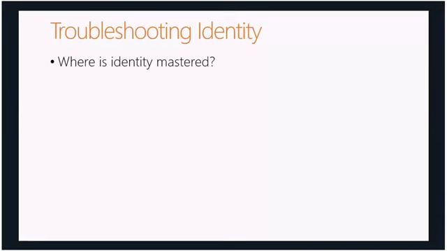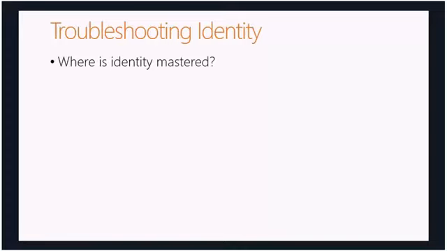So with any Office 365 tenant that you have set up and maybe you've taken over, or you're evaluating, or you're helping a customer to troubleshoot, the first question to ask is, where is the identity mastered? Is it mastered in the cloud? Is it a synchronized model, which means that identity is mastered on the local domain controller and then copied up to Office 365?